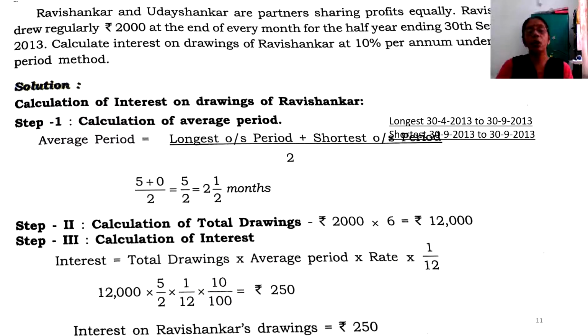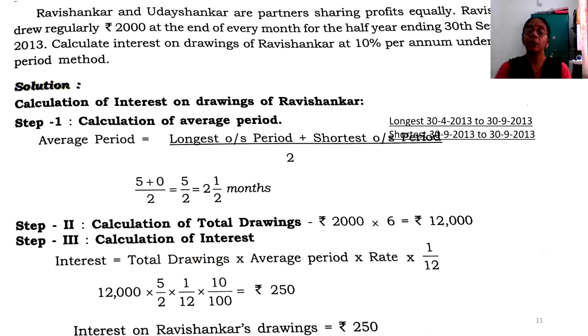Then adopt the formula. Interest on drawings is equal to, last time in product method we said total product. Here we have to use total drawings. See, the formula has a sort of similarity. What was the formula for the product method? Could you recap? Total product into rate into 1 by 12. Here also it is total, instead of product it should be drawings. Total drawings into rate into 1 by 12. But apart from that, into average period also should be there.